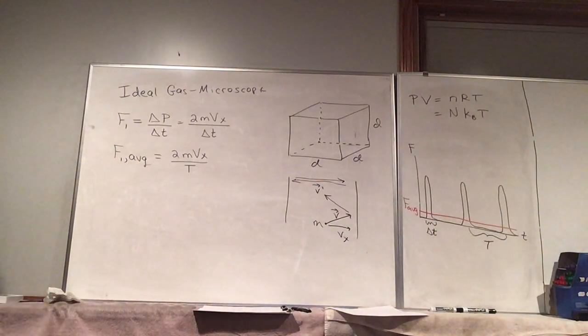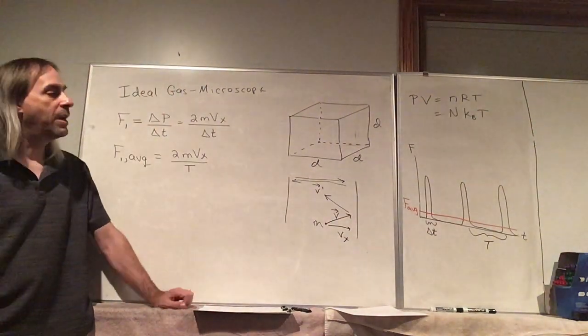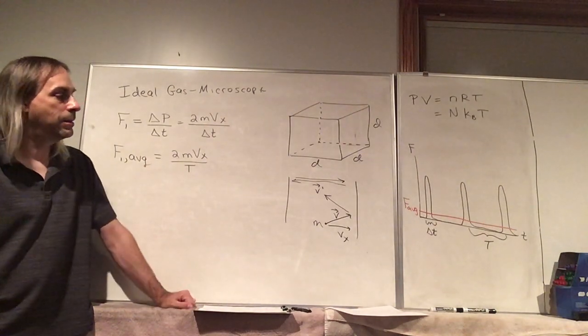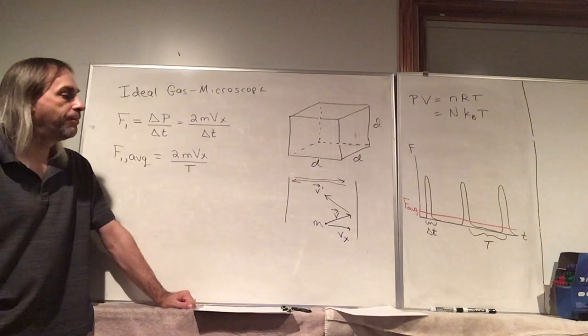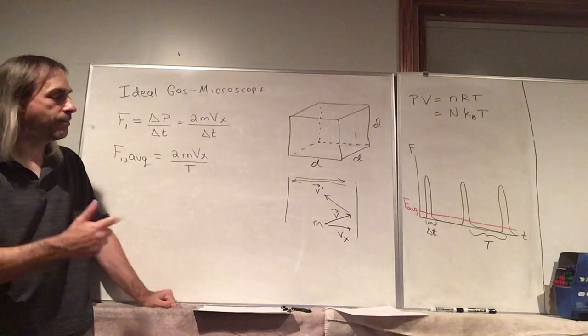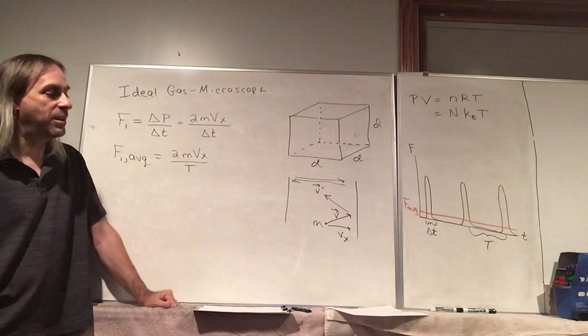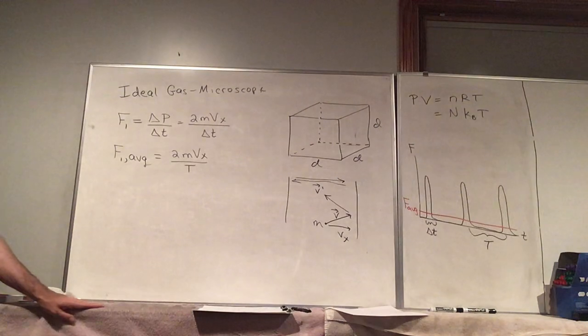There are too many collisions to notice individual molecules colliding with you. So this average gives us a very good representation when you have a large number of particles involved.